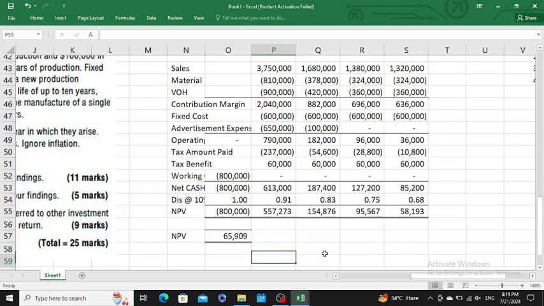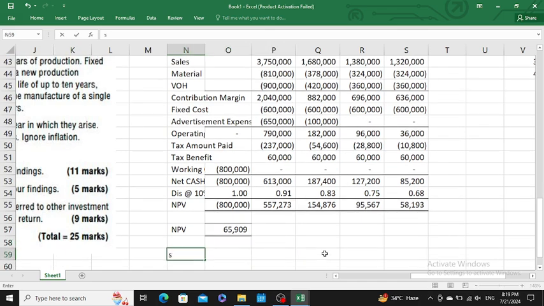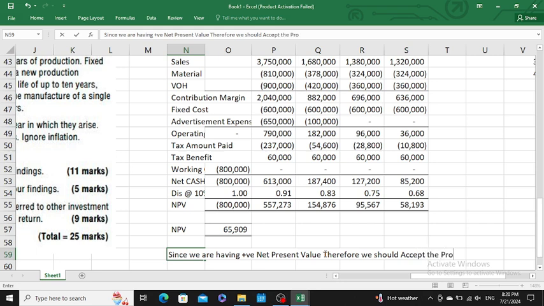65,909. Okay sir, we have to comment on this. So I would write that since we are having a positive NPV, positive net present value, therefore we should accept the project.